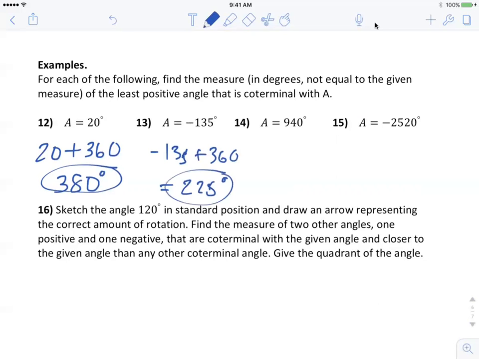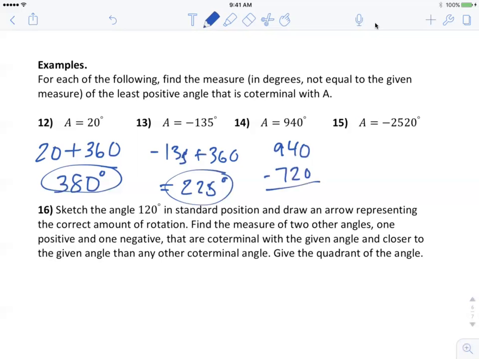Okay. How about 940? That's a big angle. So instead of adding 360, I probably want to subtract 360. And I might have to do it a couple of times. So 360 times 1 is 360. 360 times 2 is 720. So here I'm going to subtract 720.